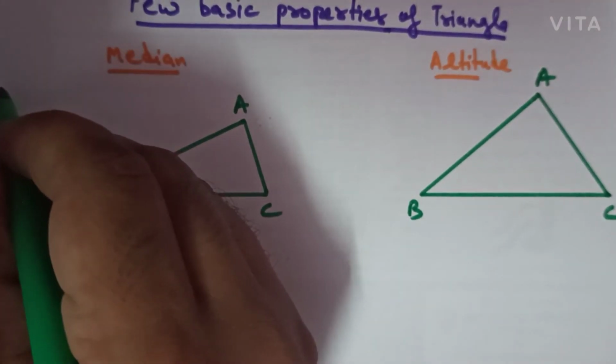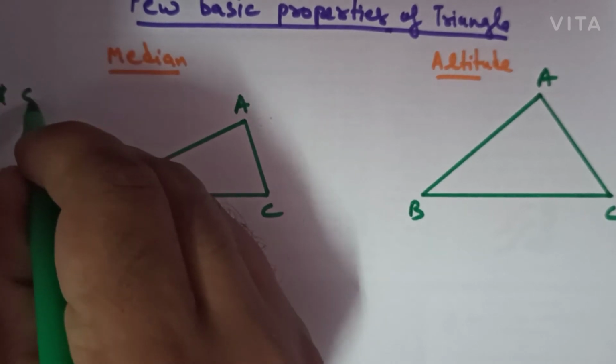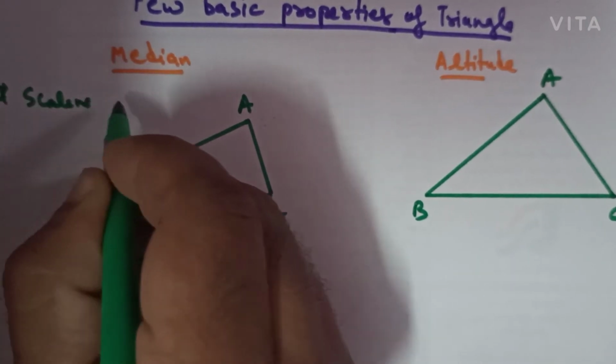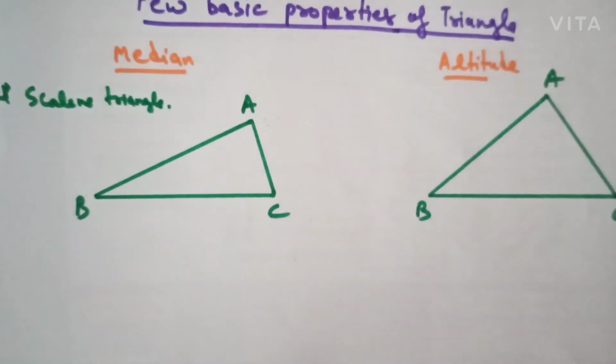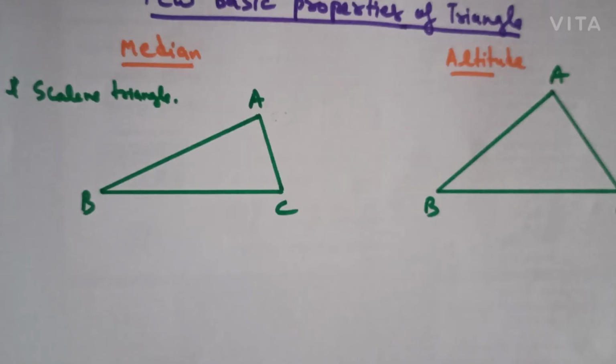So we are talking about a scalene triangle, right? What is a scalene triangle? A triangle in which all three sides are not equal is called a scalene triangle. So triangle ABC is a scalene triangle.